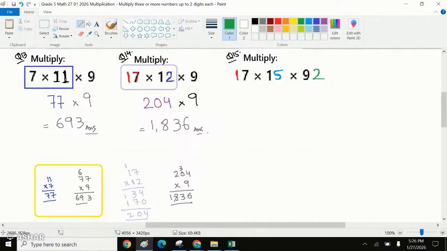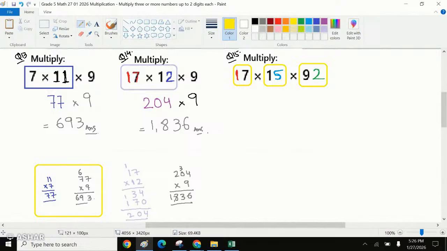Multiply three or more numbers up to 2 digits each. The name of the topic was up to 2 digits each. That means we can have three numbers which are 2 digits each. This would be a very big number because there is a 92 as well.